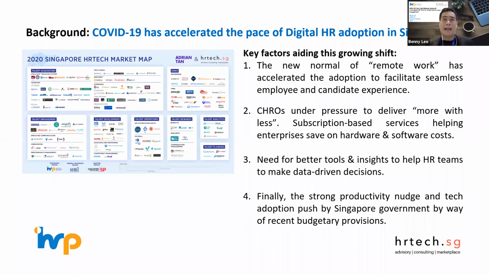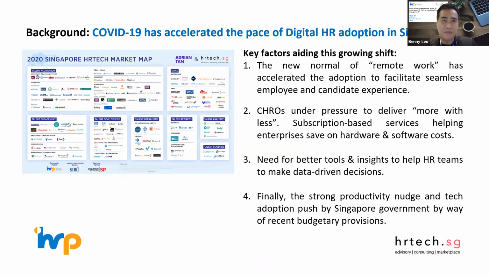So today, we are going to look at how digital and tech HR is going to help us at every stage of the employee life cycle, and how we as HR are going to do it. The key factors that are going to aid this growth shift: one, we are looking at a new norm.